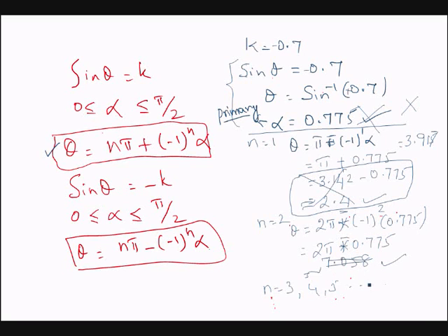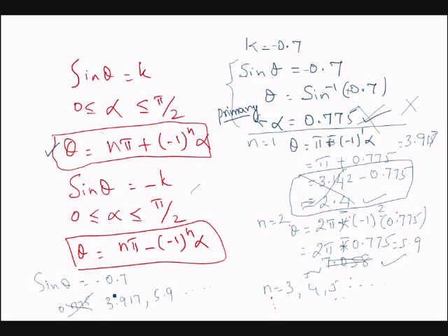So therefore, the second angle will be 5.9 approximately. So the answer for sin theta is equal to negative 0.7 starts from 3.917, and the next value is 5.9, etc. And it does not have the basic value 0.775 as its answer.